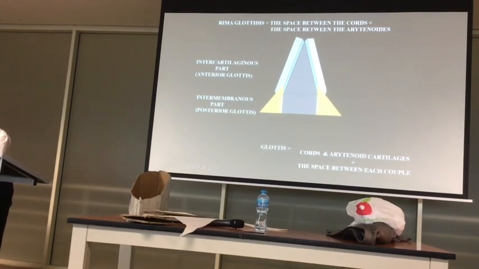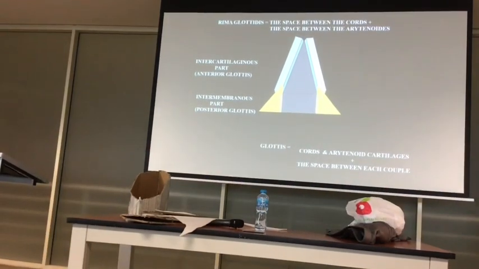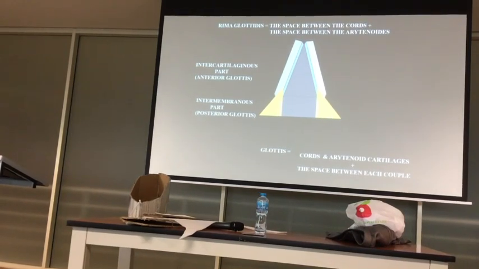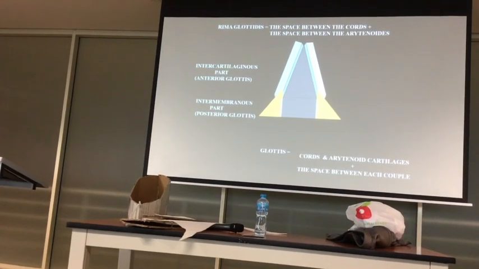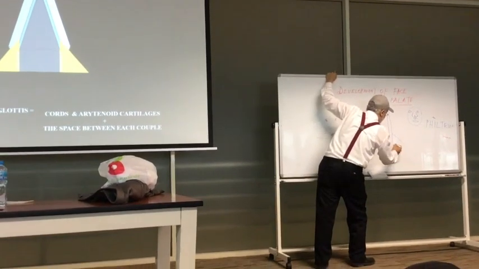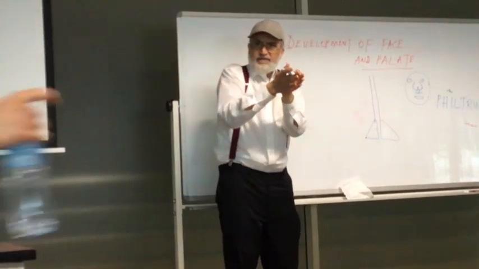The rima glottidis is a space, the space between the cartilage and the space between the cords, and it is divided into intercartilaginous posteriorly and intermembranous anteriorly. Now, if I'm speaking, the two cords are hitting each other, and the cartilage are meeting each other.